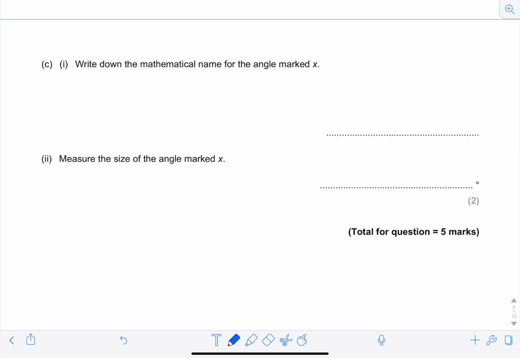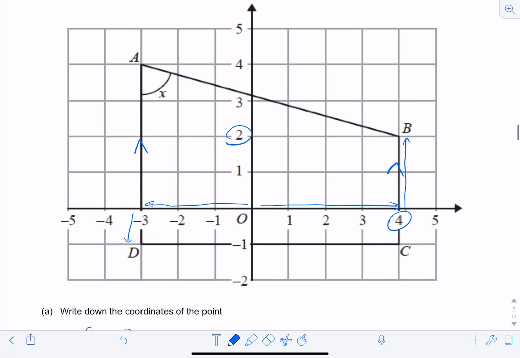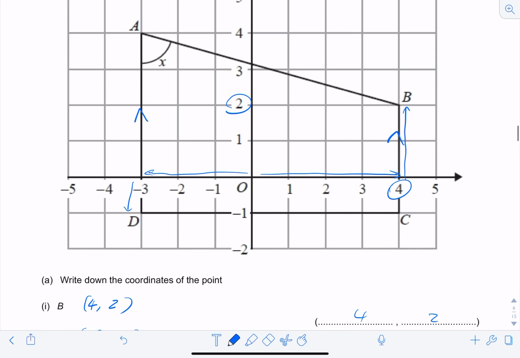Write down the mathematical name for the angle marked X. Okay, so what type of angle is it? If I look at my thing right here, that's my angle. That would be a 90-degree angle, and we know that if it's more than 90 but less than 180, that's called an obtuse angle, and less than 90 is an acute angle.